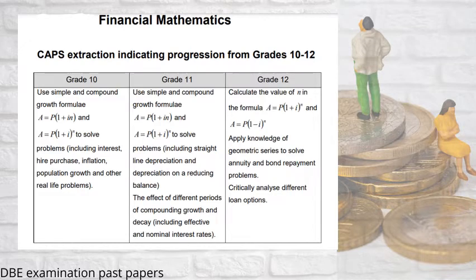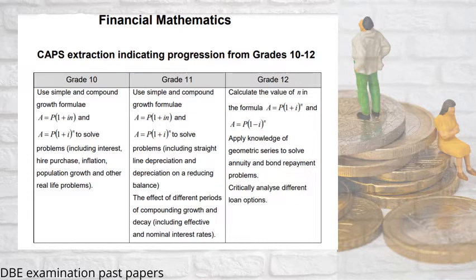This is from CAPS and it's just indicating the progression of this topic from grade 10 to grade 12. You know that in grade 12 you learn about simple and compound growth formulae, and it's what you call the simple interest formula and compound interest formula, and how to solve problems including interest, hire purchase, inflation, population growth, and other real life problems.